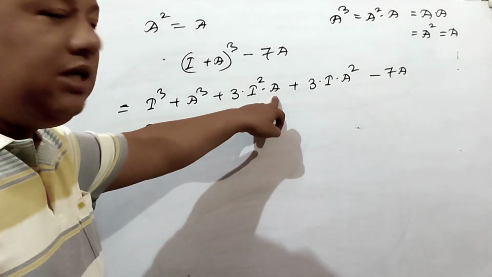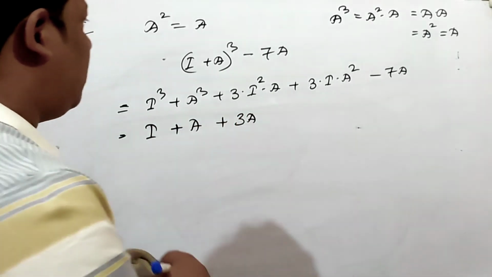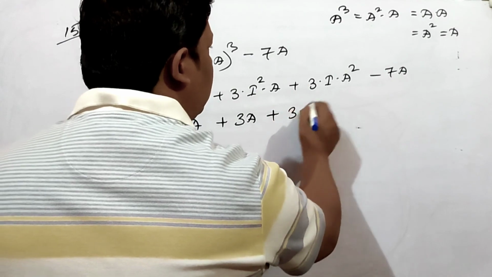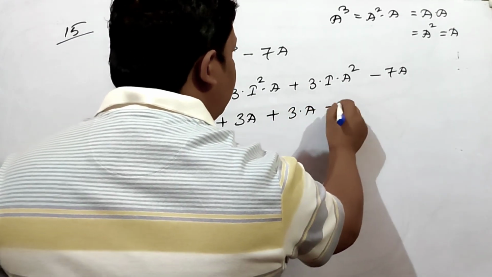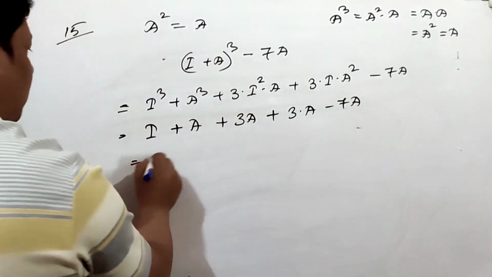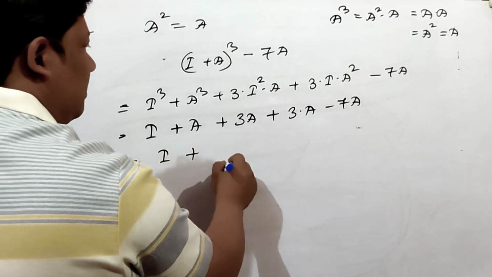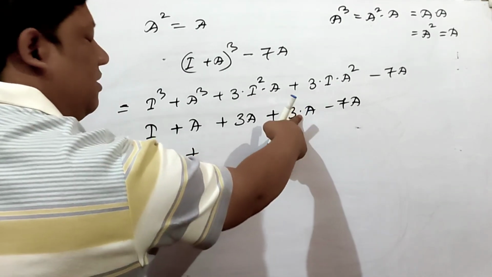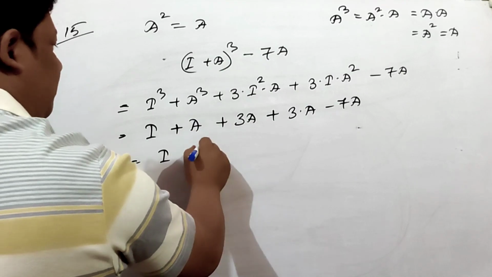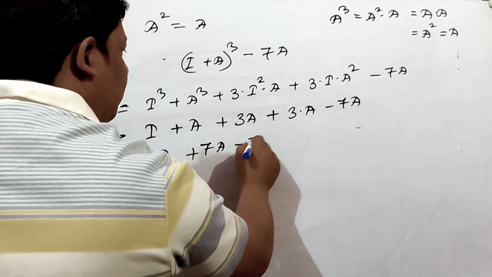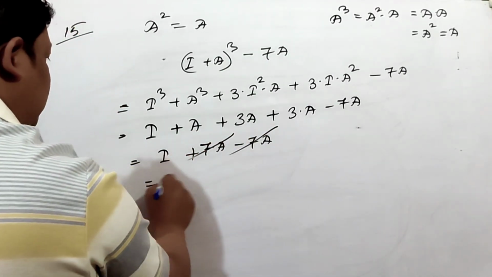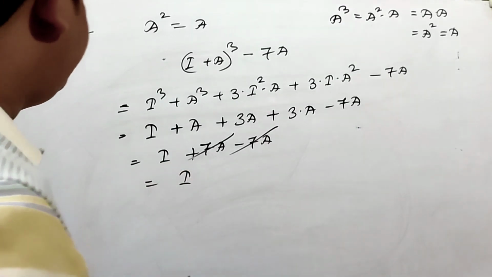Plus 3 into A square means 3A, minus 7A. So I get I plus 3A plus 3A plus A, which is 7A, minus 7A. So these two terms cancel. You get I, and that is your matrix.